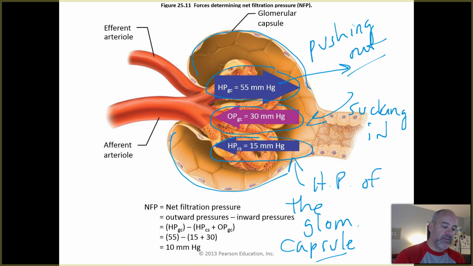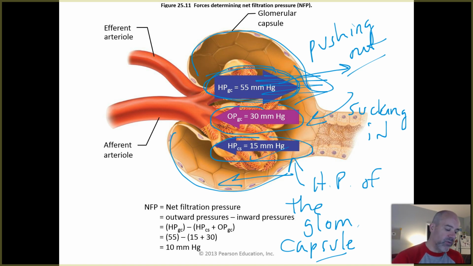All right, so that pressure is trying to push fluid back into the glomerulus. If you total those things up, you have 55 millimeters of mercury of hydrostatic pressure pushing out, 30 millimeters of osmotic pressure pulling fluid back in, and 15 millimeters of hydrostatic pressure trying to push fluid back into the glomerulus.